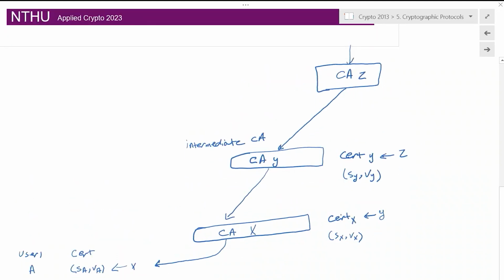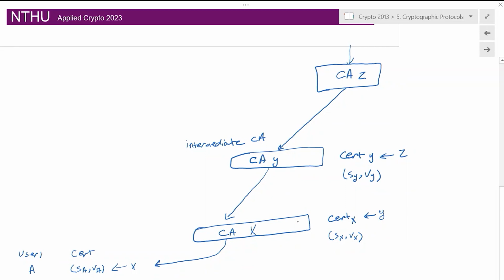So if you don't trust X, you can see who signed this certificate. It says Y. So you go get the verification key of Y to verify the signature on X, and then you see whether this certificate is valid itself. And if it is the case, then you say that, okay, this guy signed this certificate, so it is okay.